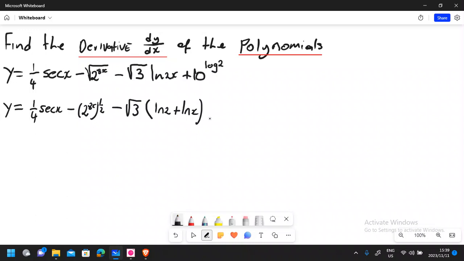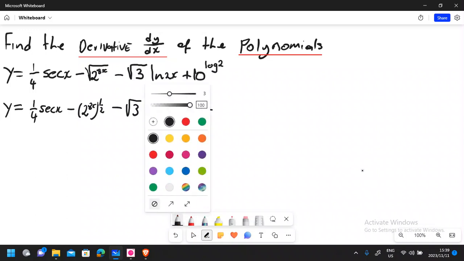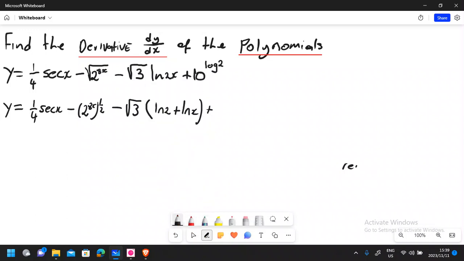All right, so now let's do the last term. The last term also has laws, guys. Let me remind you again. Look, this is a law. Do you still remember this law when we have something like log, say log base 10?